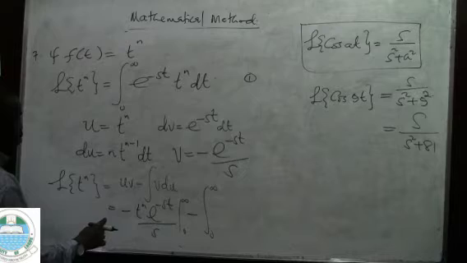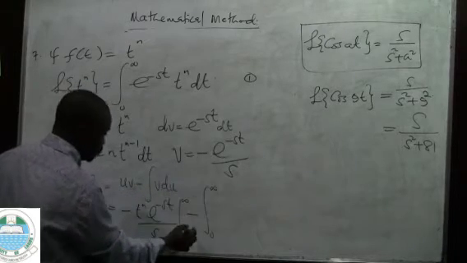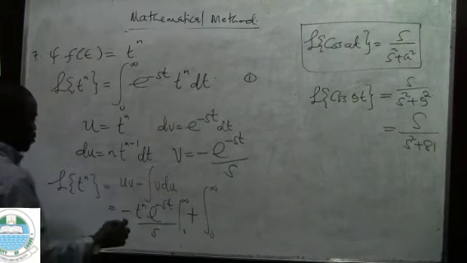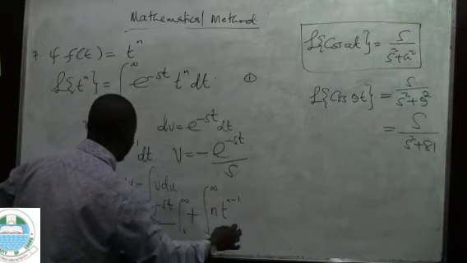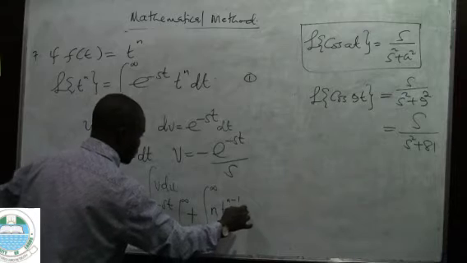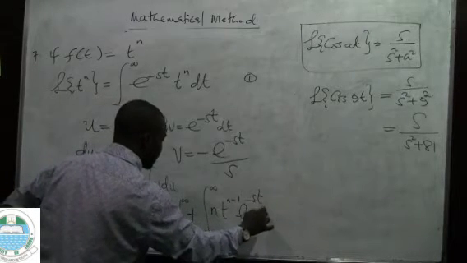Our v is negative, so this turns this particular one positive. Then I have n t raised to n minus 1 exponential minus st dt.